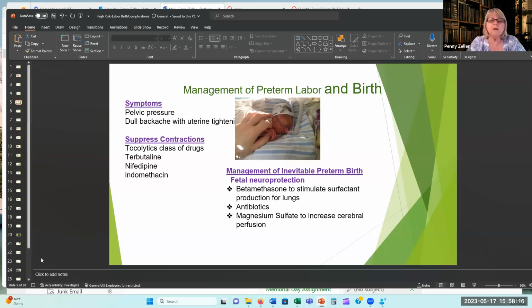When we give it for mother's brain, the fetus benefits from it as well. So for preterm labor, even though mother's not having preeclampsia, we want to give it for the fetal brain. Remember, it improves the circulation of those cerebral arteries, which helps prevent cerebral palsy and some kind of cognitive damage or neural damage.